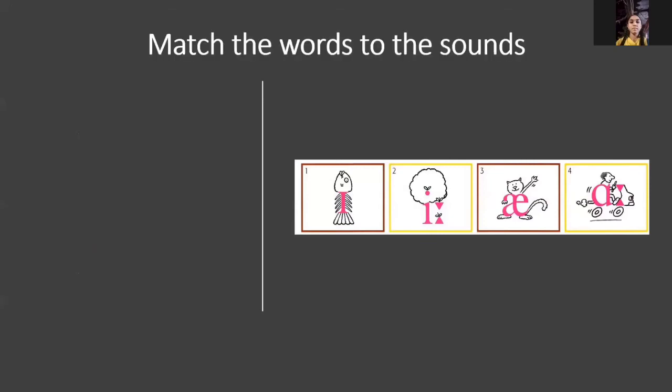Can you match the words to the sounds? Okay, so let's just give you an example. Okay, we've got the word cat. So the sound is. All right. What about this one? Star. Fourth one, ma'am.